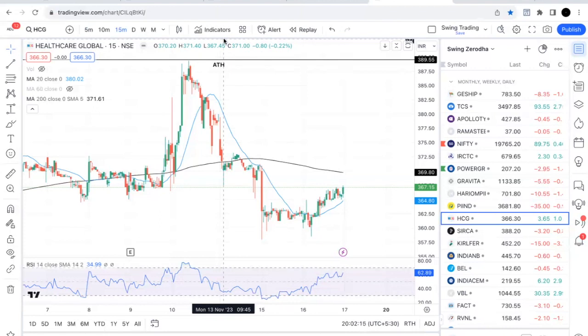You can only have, I think, 2. So what I'm recommending is you have the 20 and the 200. Just keep those 2. And then the RSI, you can have it on your broker, like Zerodha or something else.